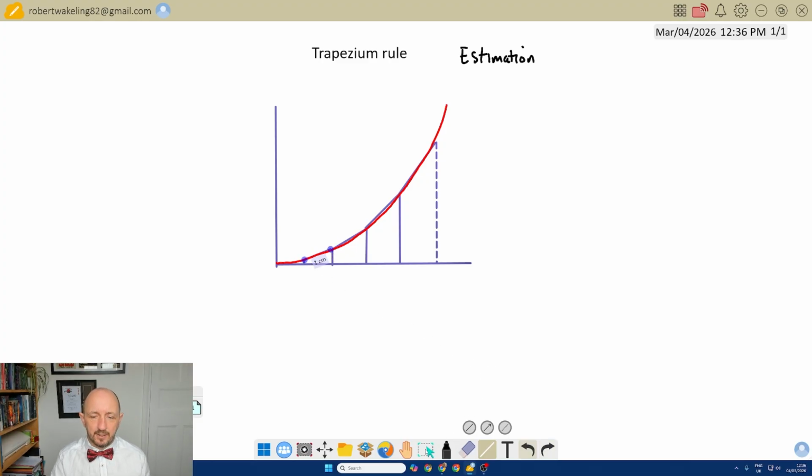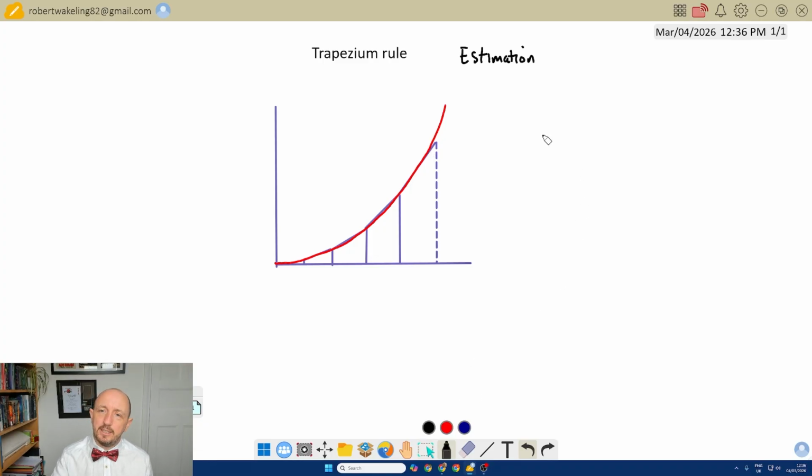Okay, and if I move this red out of the way, you can see that they're trapezia there. All right, so the trapezium is a pretty good estimate. You can see that it's almost exactly like the curve, but it's a little bit out. So that's why it's an estimation.